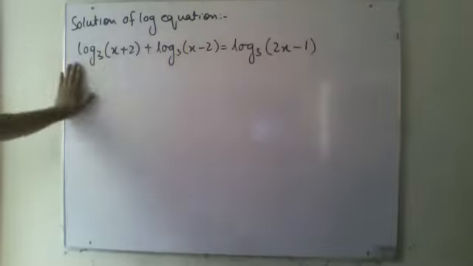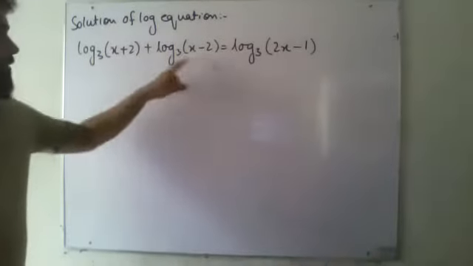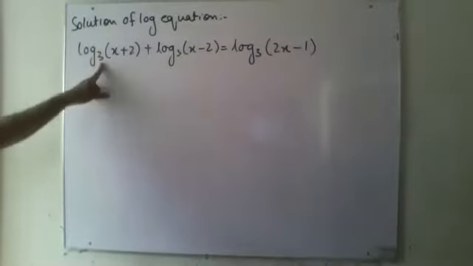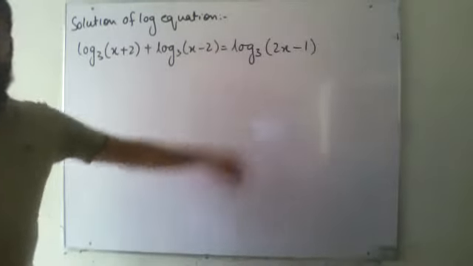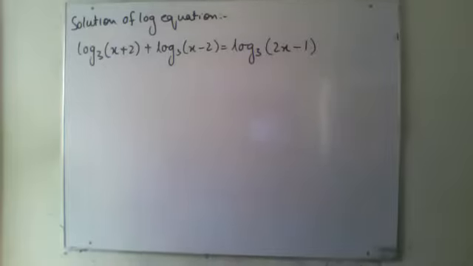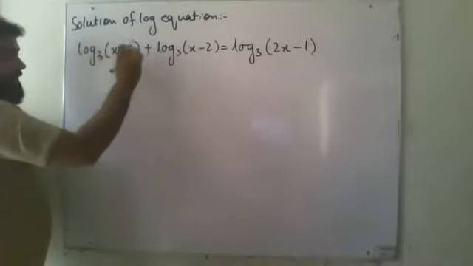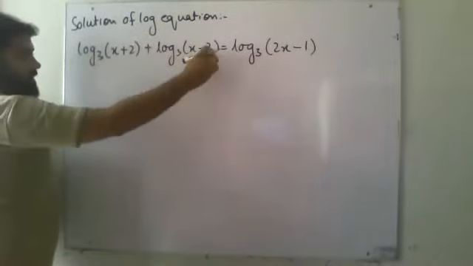Now I can see in all three terms that log is written, log with base 3, log with base 3, log with base 3. So I don't have to change anything. I will directly go with log base 3 of this plus log base 3 of this.